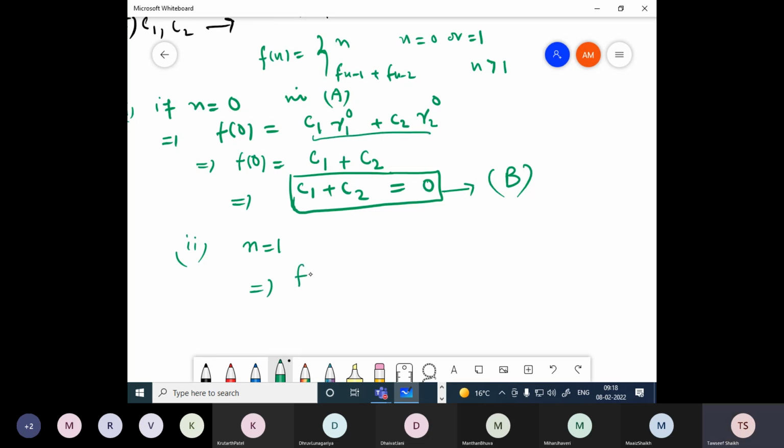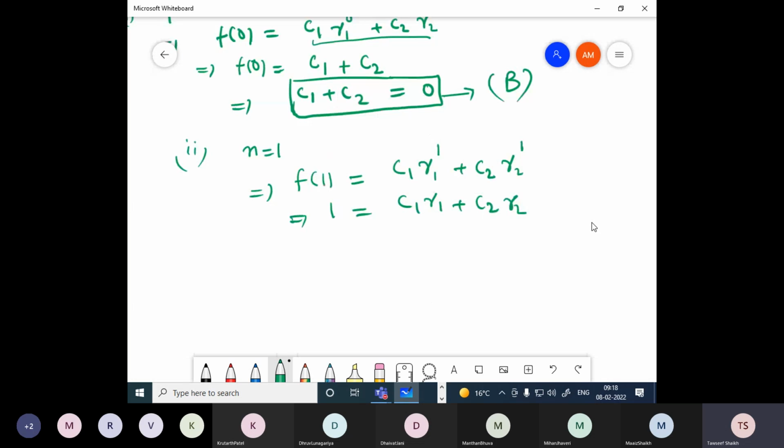On the right hand side, f of 1 is equal to C1 R1 power 1 plus C2 R2 power 1. Now when n is equal to 1, f of 1 is equal to 1. This will become C1 R1 plus C2 R2. So let's keep this as equation number C.